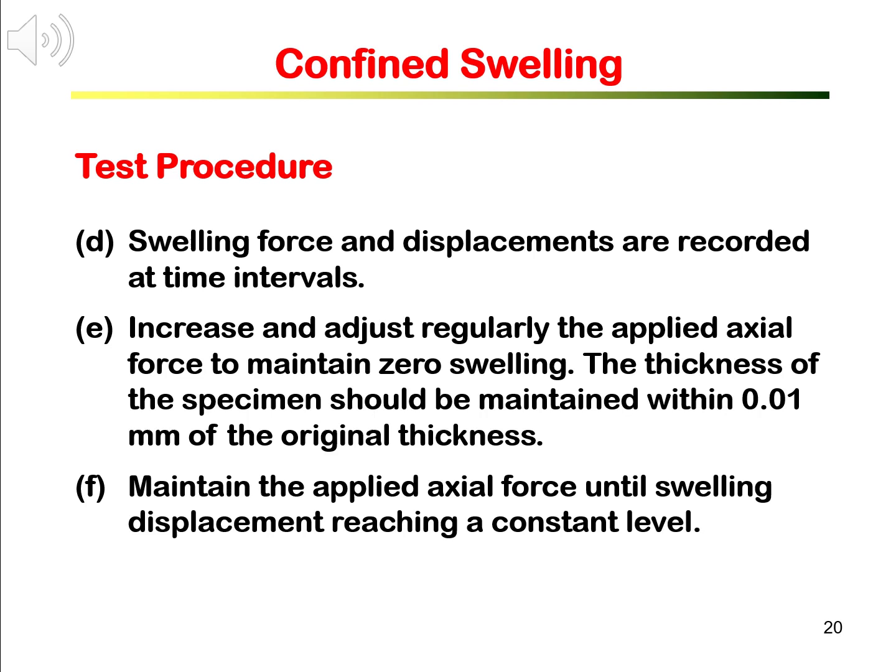Maintain that axial load to ensure that swelling displacement remaining at zero for a while before ending the test. Readings of swelling displacements and axial load should be recorded regularly.